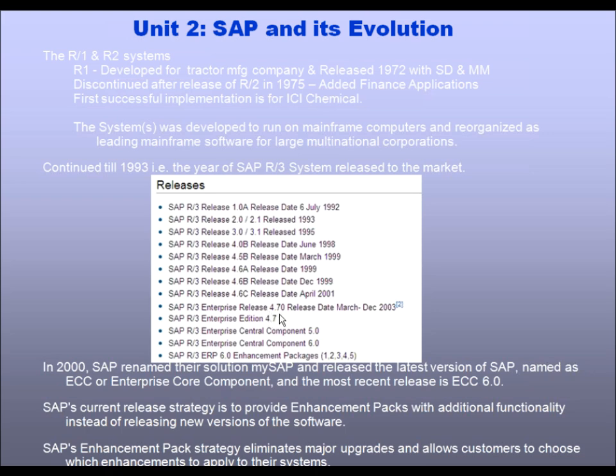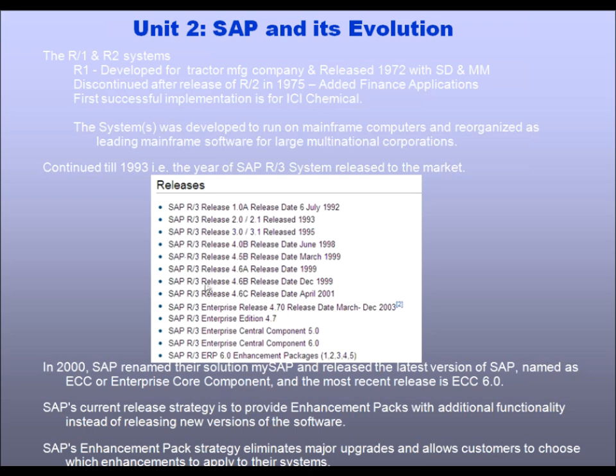The most recent version available right now is SAP R3, which we call ECC 6.0 enhancement pack 6. Enhancement packs 1, 2, 3, 4, 5 are mentioned here, but there is a sixth enhancement pack released for customers, and we are upgrading our system to enhancement pack 6 right now.